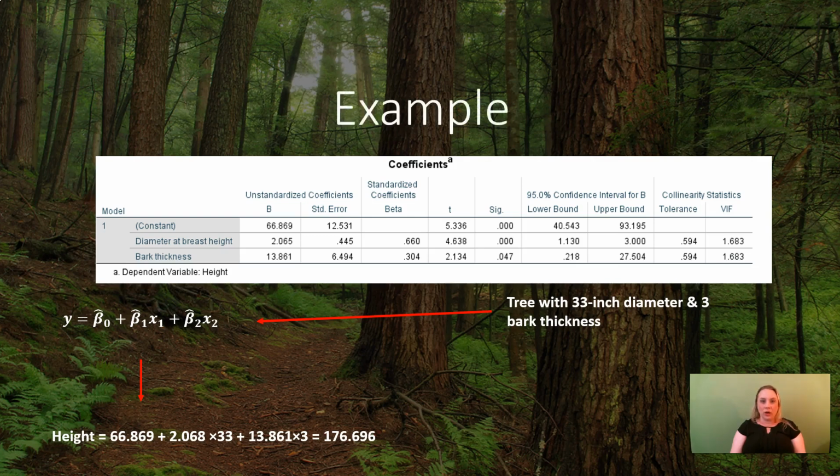Here we're looking at our Redwood data again, and we see that our diameter at breast height and our bark thickness are both included, which gives our final equation: height equals 66.869 plus 2.068 times 33, because we want to know about a tree with a 33-inch diameter, plus 13.861 times 3 from our bark thickness, to get a predicted height value of 176.696.